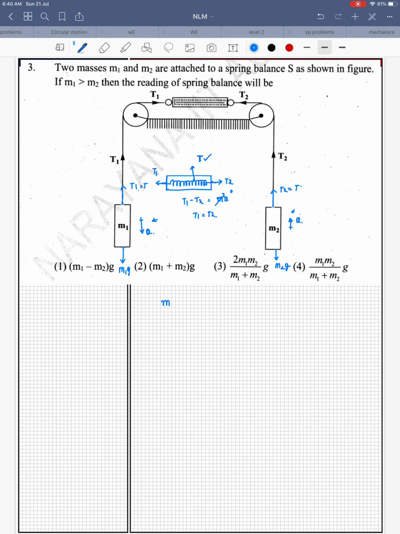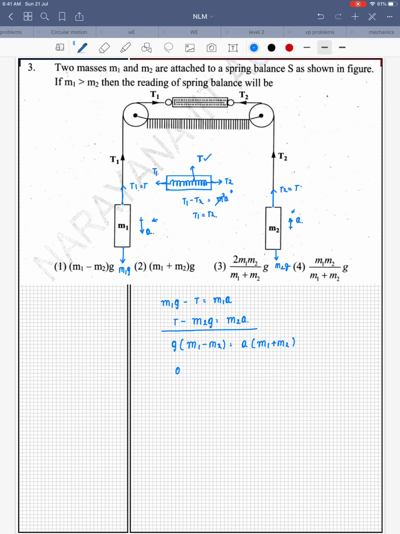Now write the equations. M1g minus T equals M1 into A. The other equation is T minus M2g equals M2 into A. If you add both the equations, g into (M1 minus M2) equals A into (M1 plus M2).